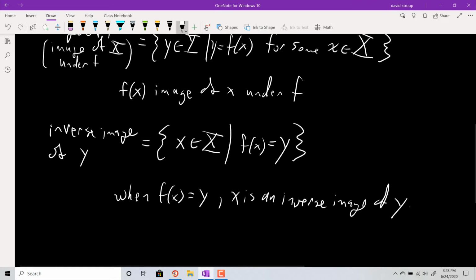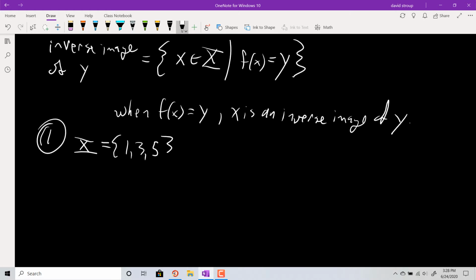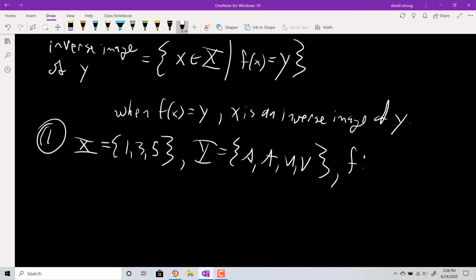Okay, so a lot of definitions just thrown at you all at once at the beginning of this section. Let's look at problem 1 in the book, and just doing an example will help you a lot. Okay, kind of figure out your left from your right, so to speak. Okay, so they give you the domain 1, 3, 5. Their codomain, S, T, U, V, and we're dealing with the function f, which is going from the set x to the set y.